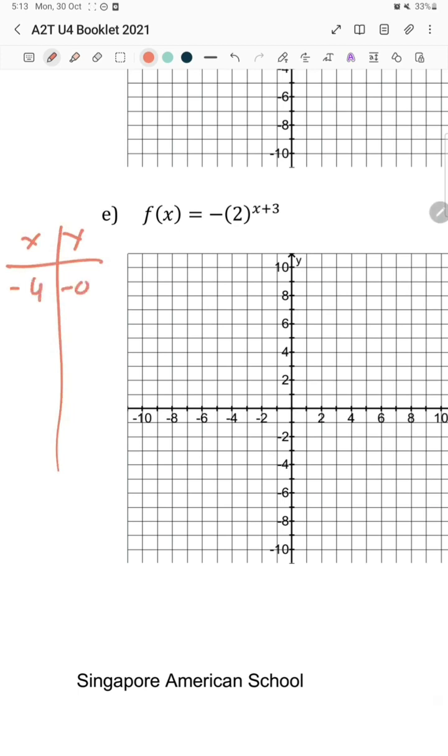Minus 4, it's going to be minus 0.5, minus 3, minus 1, minus 2, minus 2.